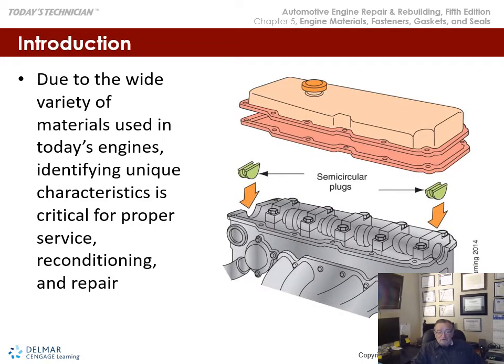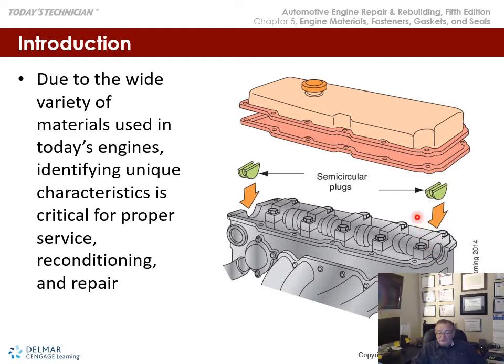Due to the wide variety of materials and configurations, we're going to see that manufacturers are going to specify very unique applications. And here, for an example, you have some plugs in the bottom of the sealing across the engine block to the cylinder head.